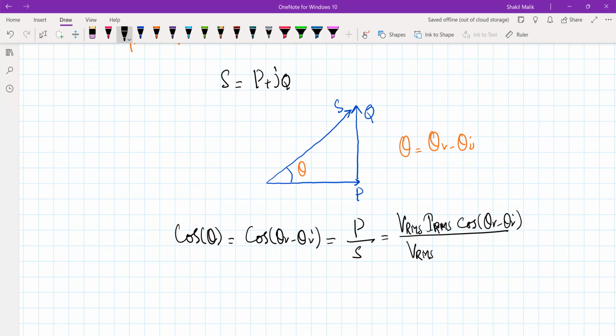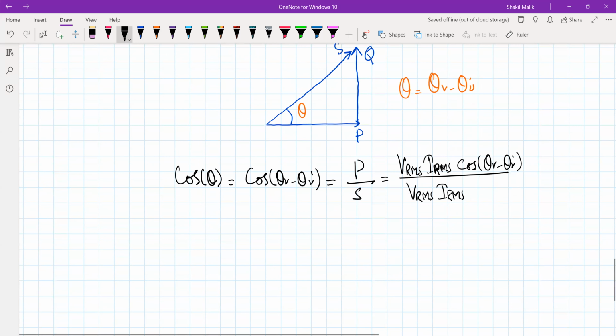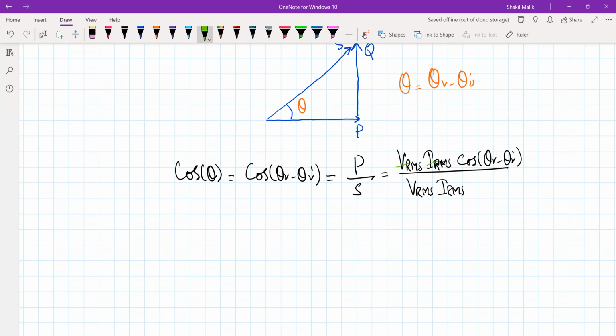It's simply Vrms Irms. So Vrms Irms will cancel, right? So you can see now, this is simply equal to cosine of theta V minus theta I, and this is referred to as the power factor.